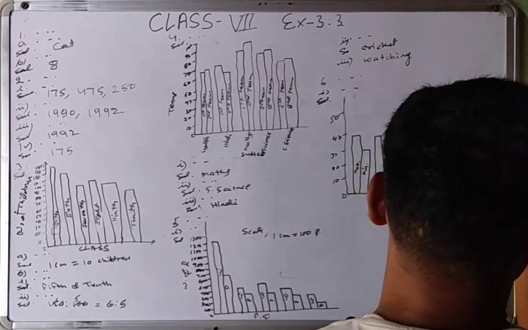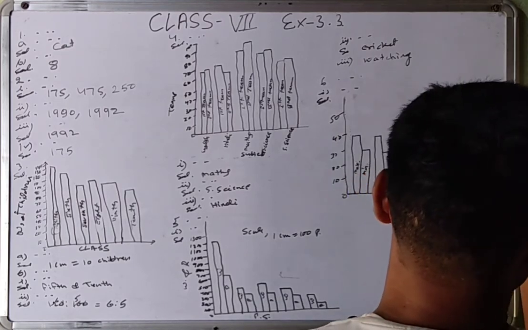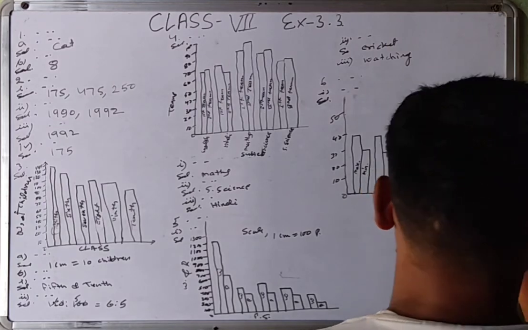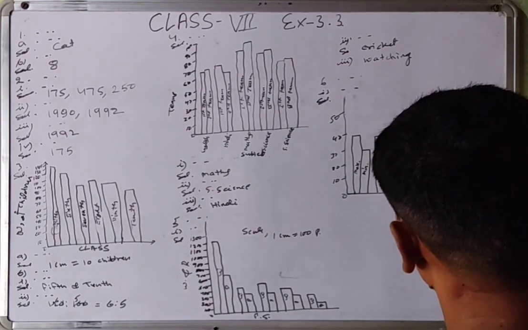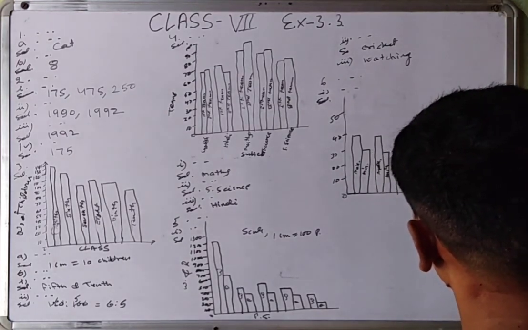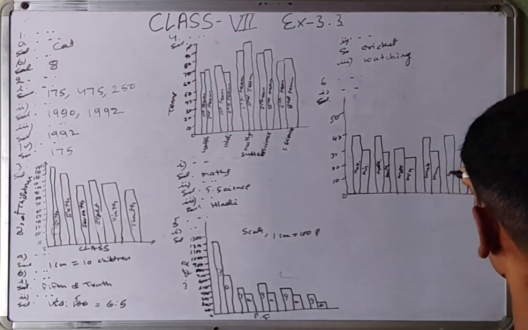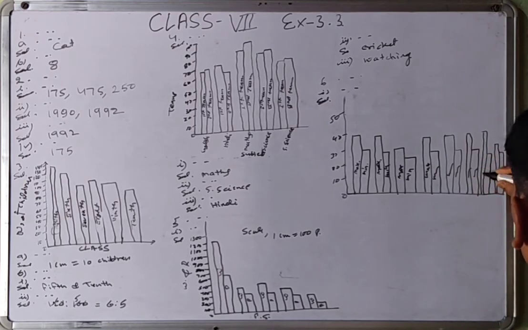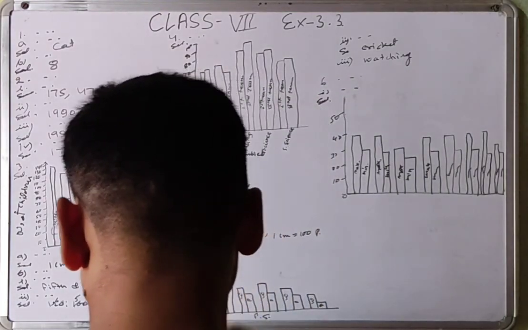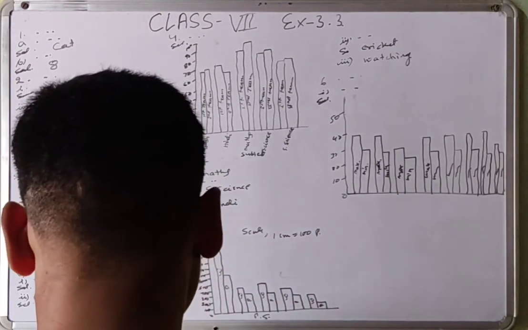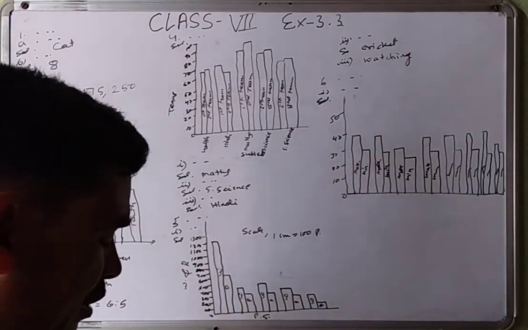32 and 27 can be here, right? This is the maximum, minimum. Again you will write maximum, minimum for each pair. Okay. There are a few questions also.